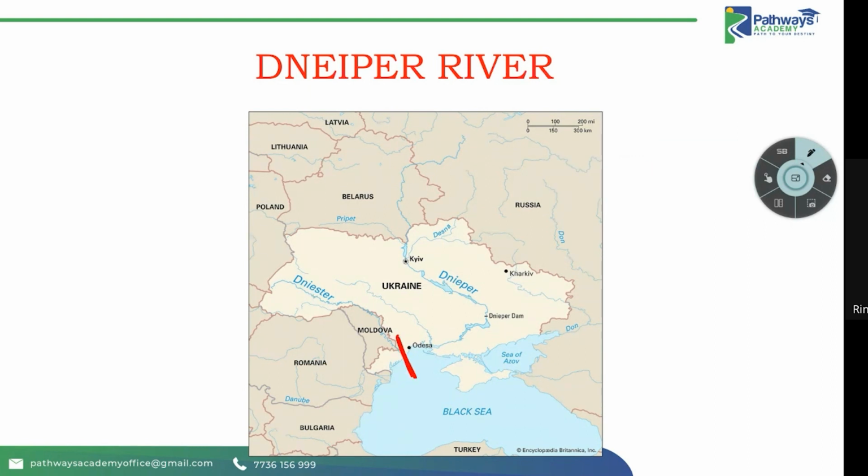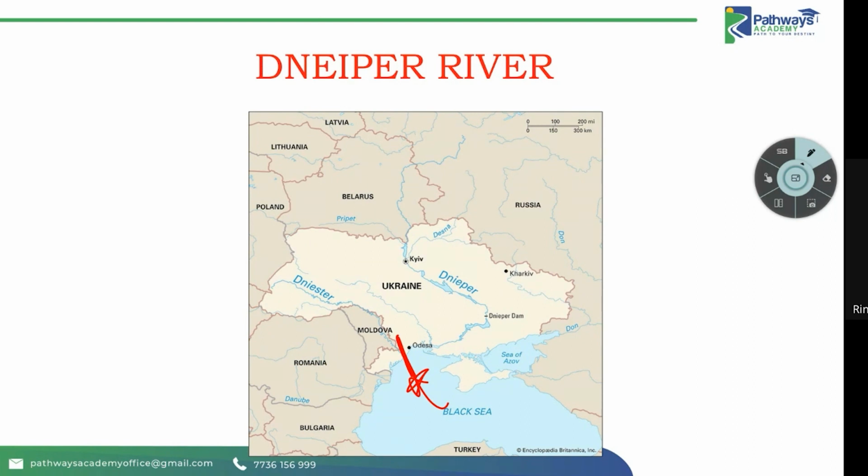So when this war happened last year, Russia blocked this Sulina channel. Then Ukraine was short of grain and food. Then the UN declared a ceasefire between these two nations. Ukraine asked Russia to stop the war for a few days because Ukraine was not getting any food.